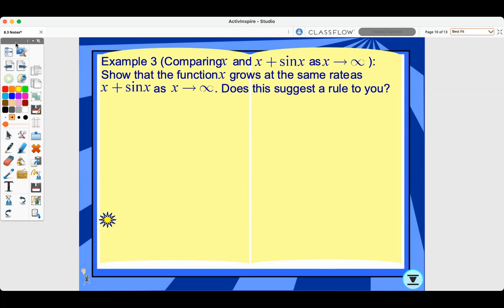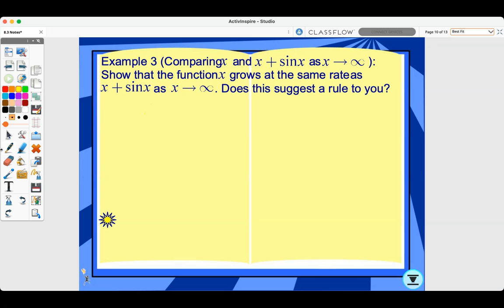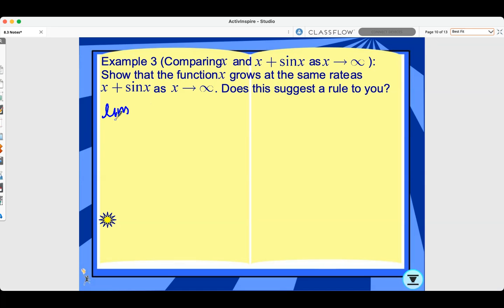Example 3. Compare x and x plus sine x as x approaches infinity. Show that the function x grows at the same rate as x plus sine x as x approaches infinity. So again, we're going to take our limit as x approaches infinity of x plus sine x all over x.